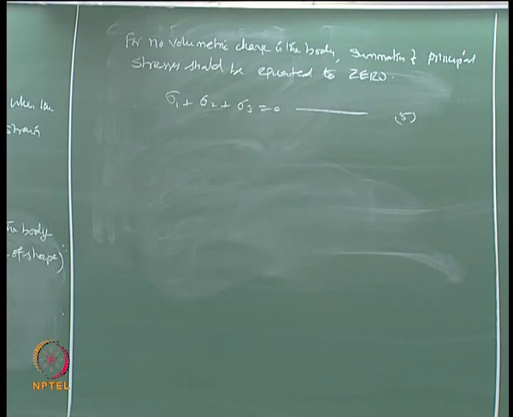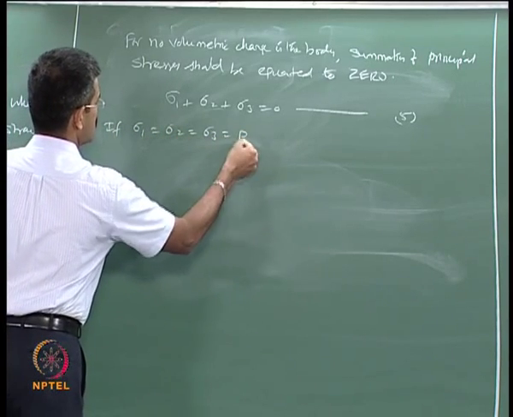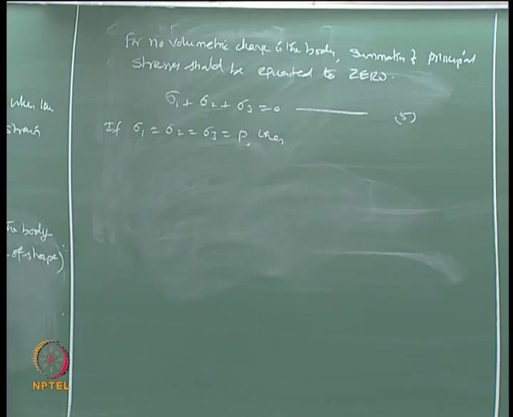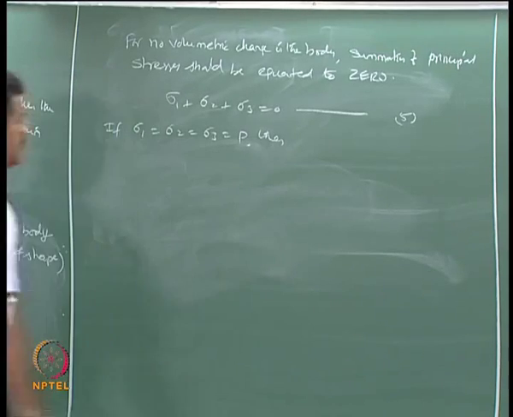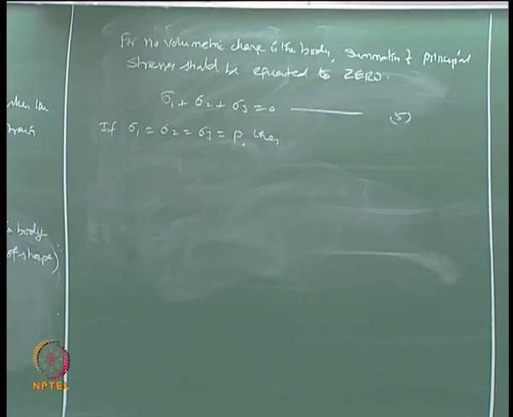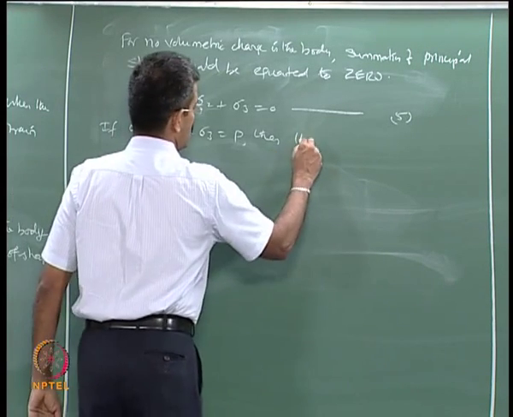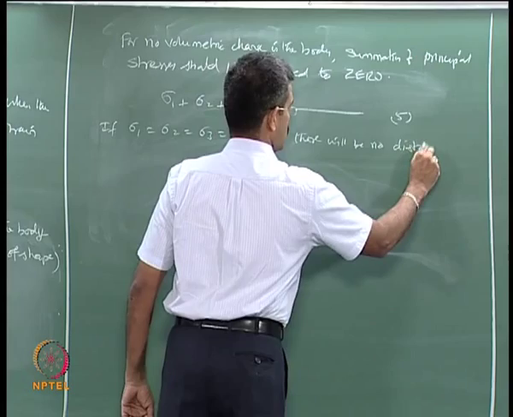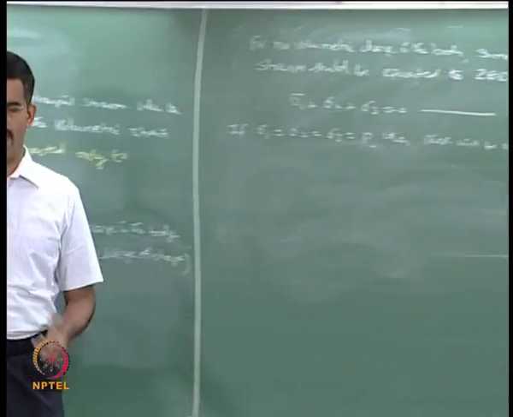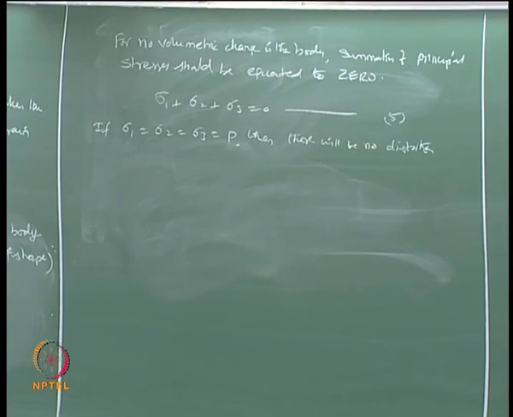Now, if sigma 1 equals sigma 2 equals sigma 3 is P, then there will be no distortion because the summation is not 0, is it not? Summation is not 0. So, let us say P is now equal to an average of this.